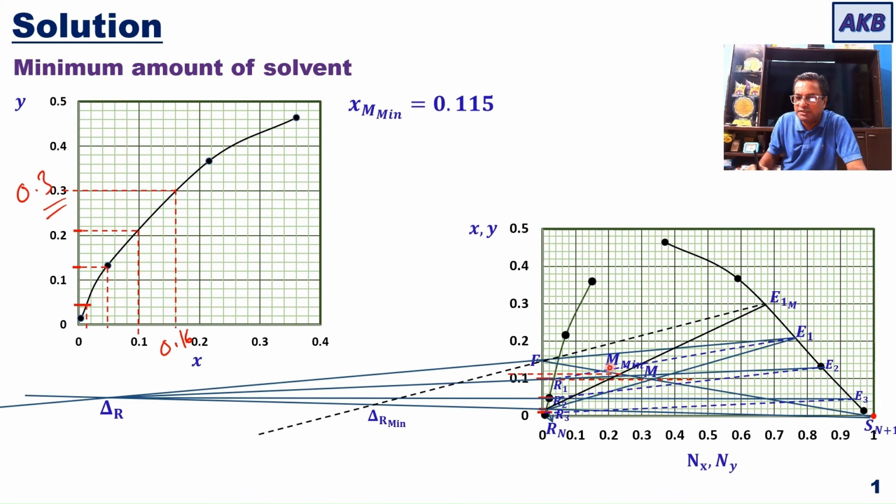Call that point M minimum. The y coordinate of this point M minimum is nothing but XM minimum, XM corresponding to minimum amount of solvent. We are going to use this XM minimum to get the minimum amount of solvent.